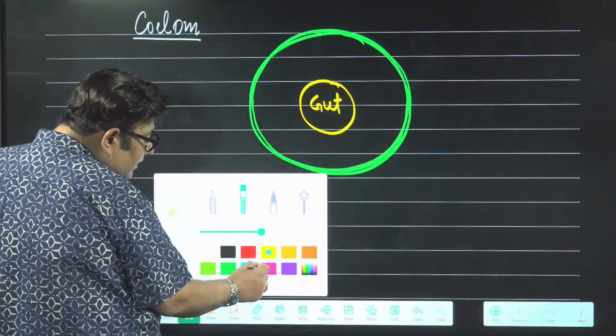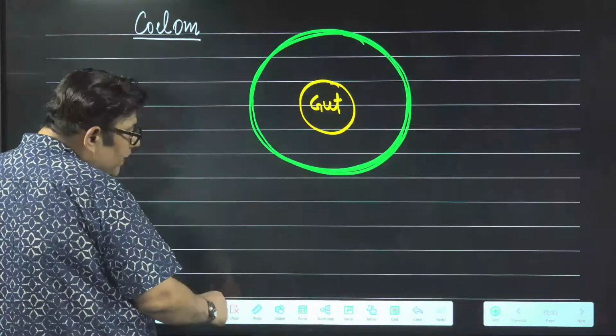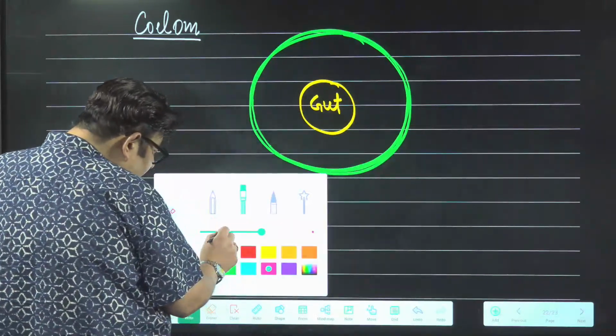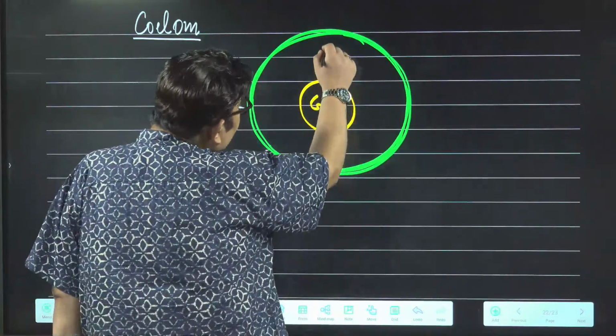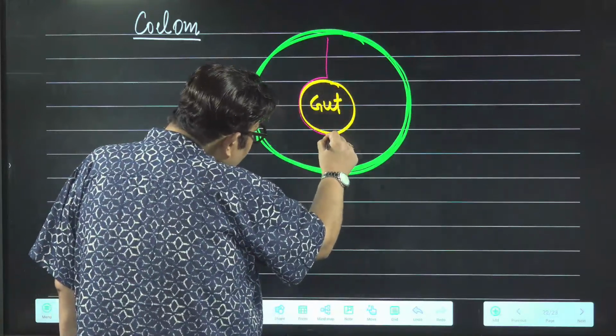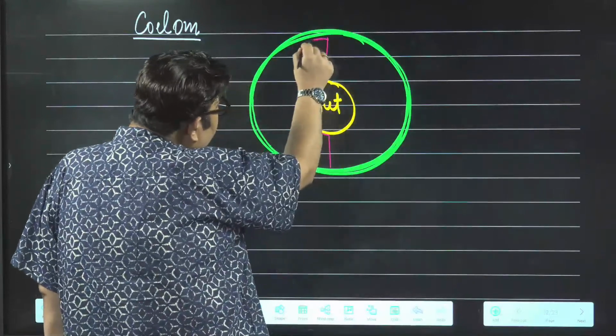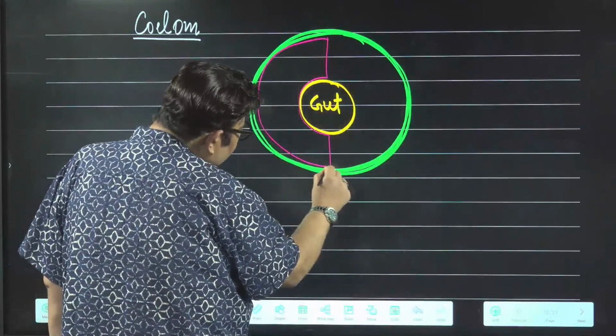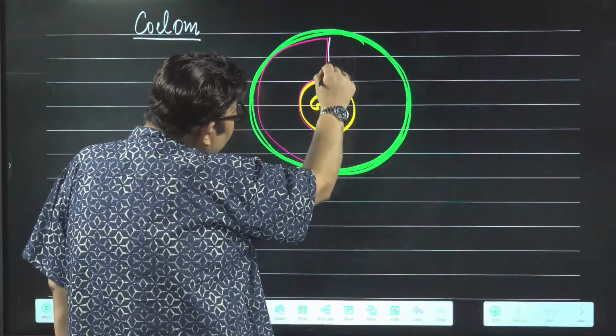Inside the mesoderm, the cavity can be found in the form of 2 pouches, one big pouch here and the other side also one big pouch. So this is the coelom.